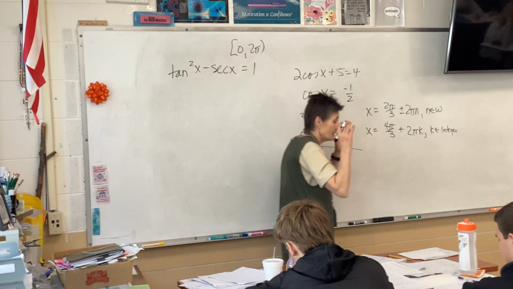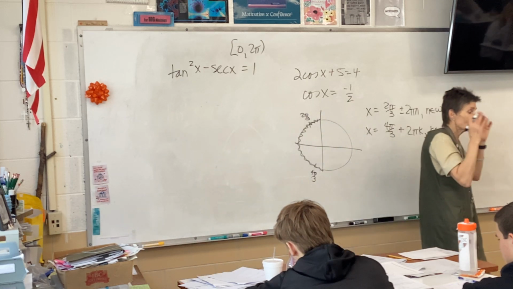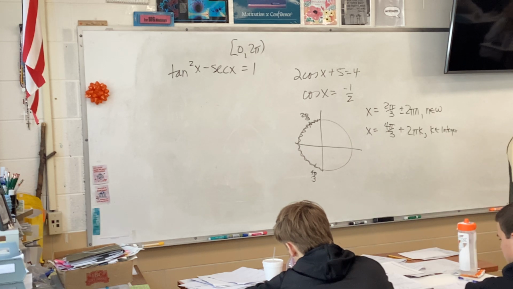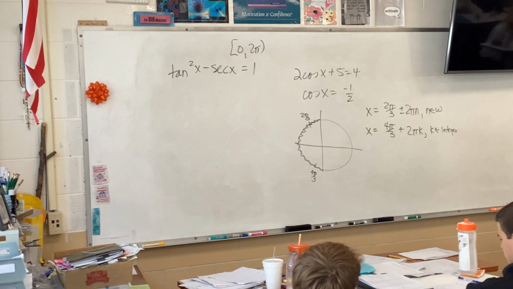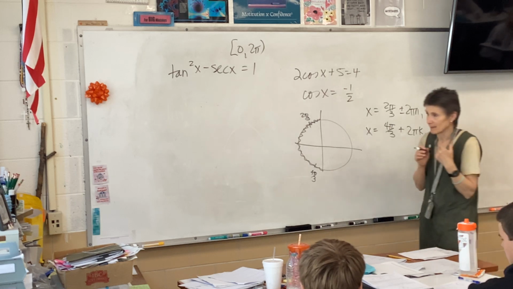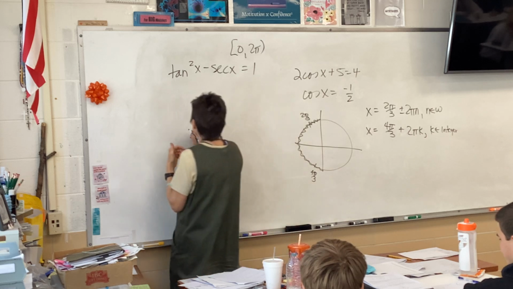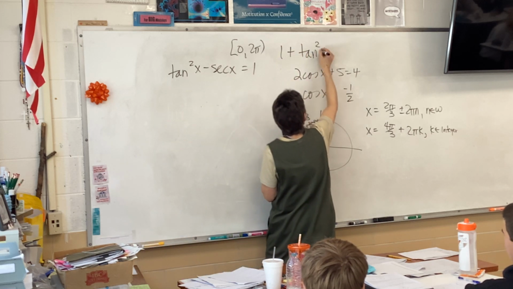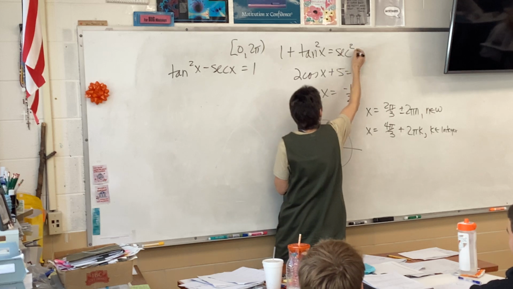You should have some awareness of a problem with a secant squared and a tangent in it. Because you know something about those two, right? What does that identity say? 1 plus tangent squared is secant squared.